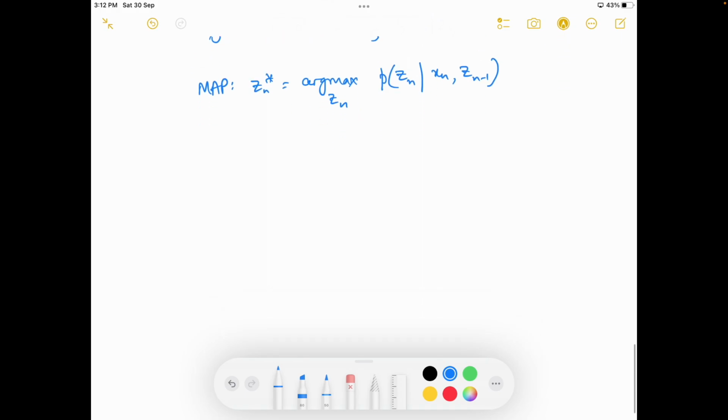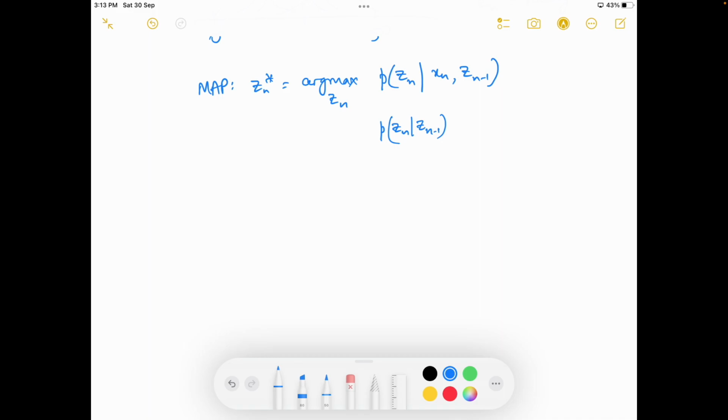This is equal to P of Zn... Making some mistake. Okay. Can we write it like this?